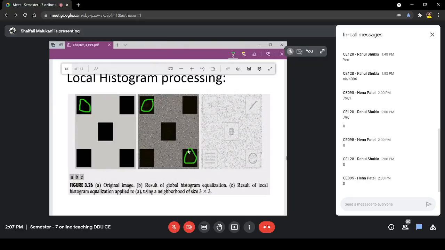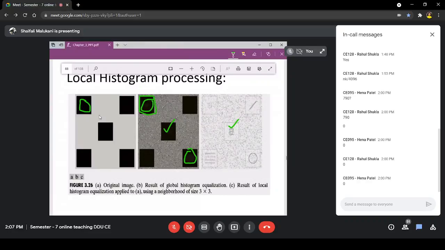We can visualize that some information is there, but it is not enhanced properly using histogram equalization over the entire image. So what you did is, in the local neighborhood, you consider this as the image only and enhance it. If you enhance this, definitely this is going to give you better results, right?